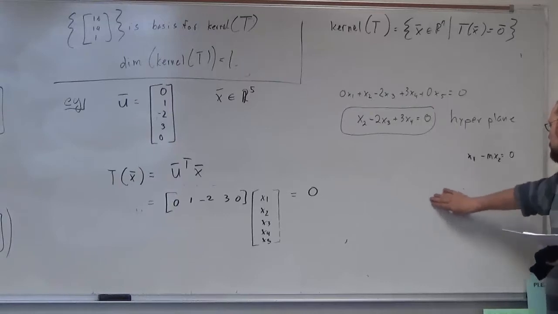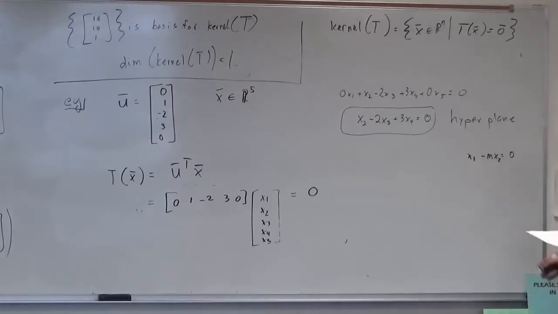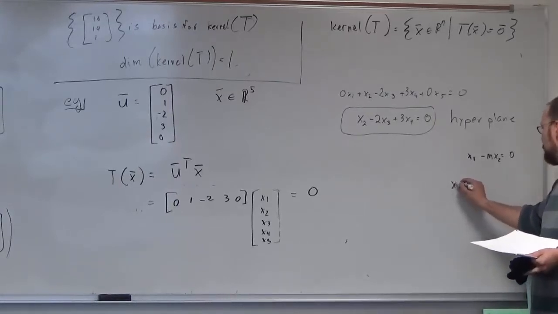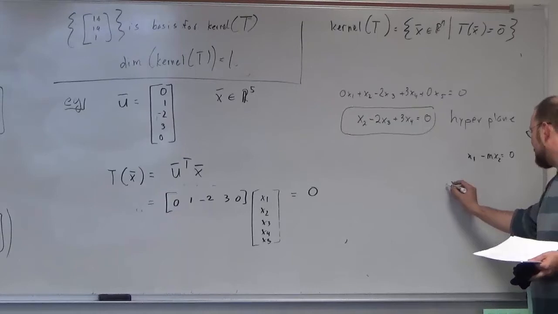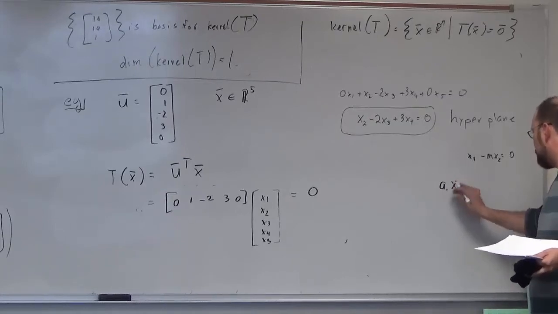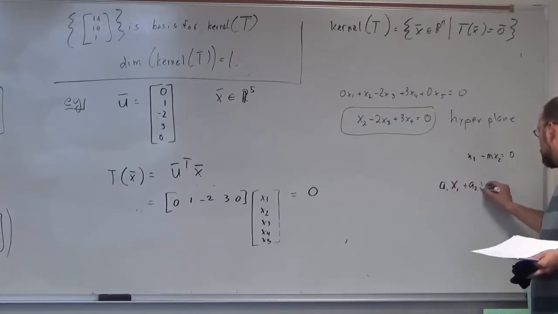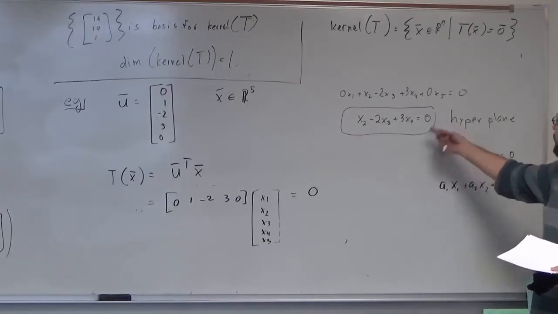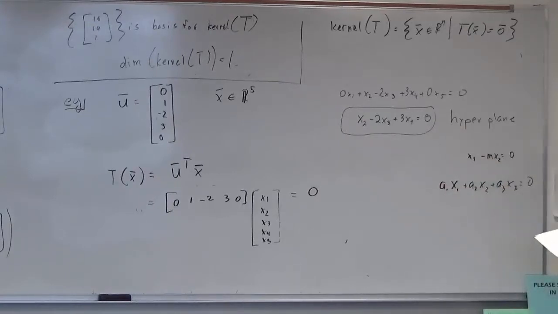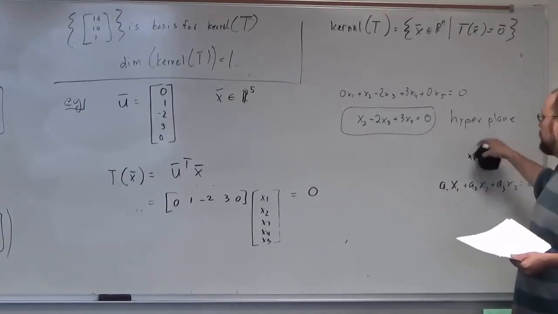It's a one-dimensional subspace of R2. Well, what's a hyperplane in R3? Well, it's a plane, right? And so on, in general. So this is just a generalization of a plane to higher dimensions.